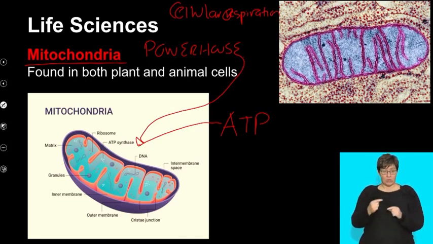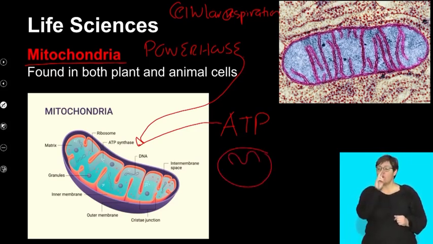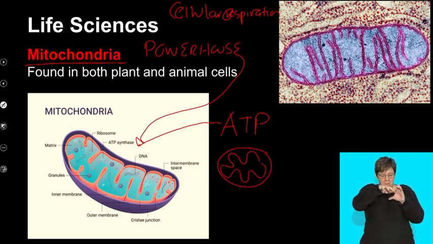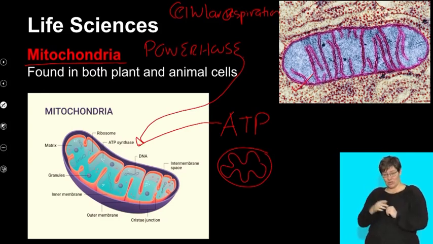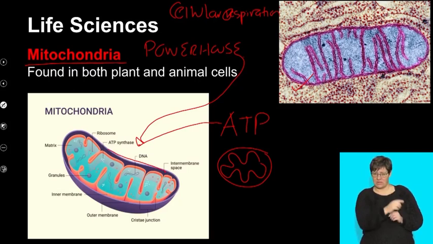Now, if we have a look at this diagram, when we draw it, it always looks like a worm. Here is what it looks like underneath a microscope. This is actually what it looks like. Basically we have one membrane, it's a membrane-bound structure, and inside here it has another membrane.